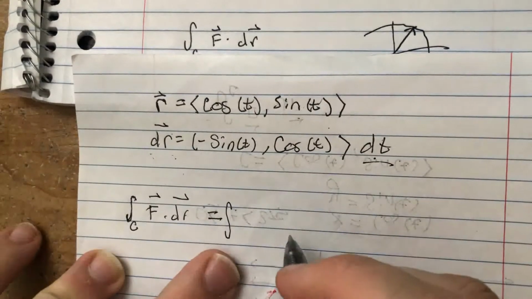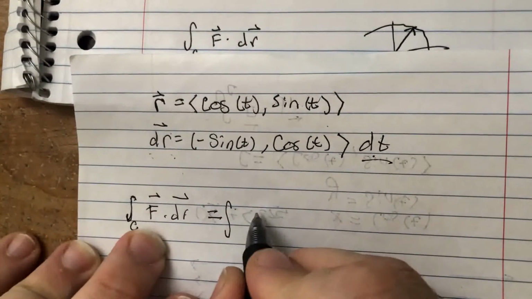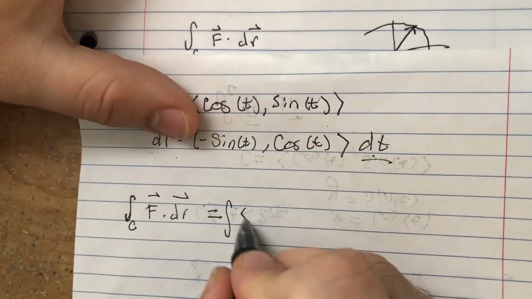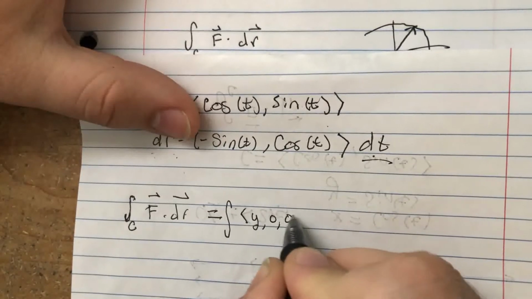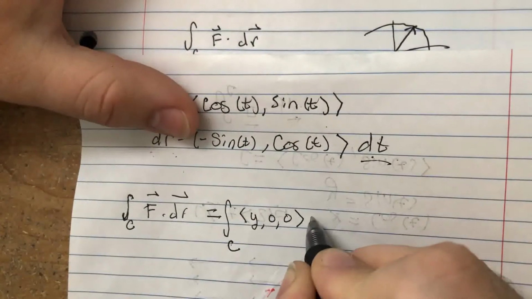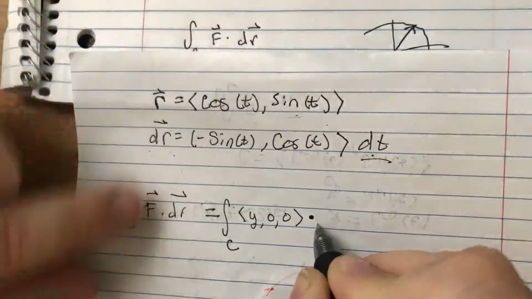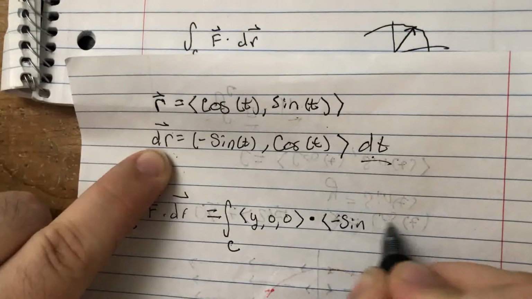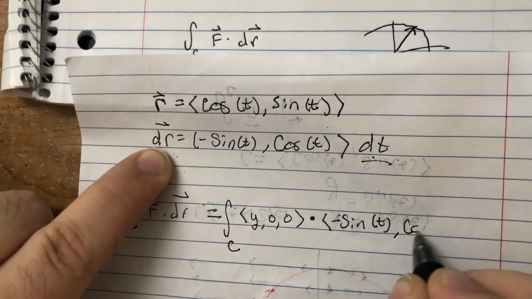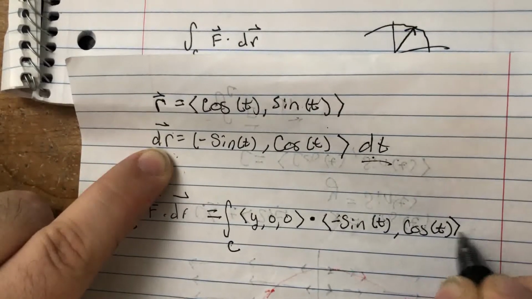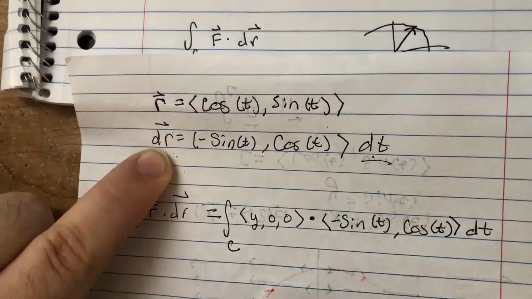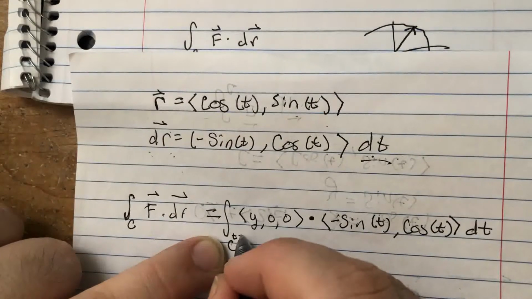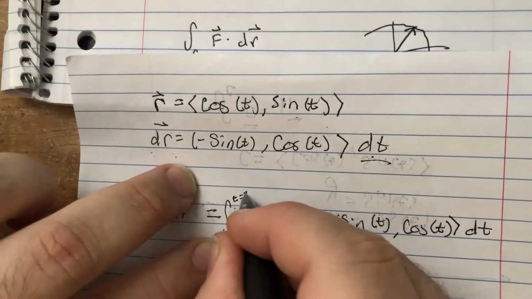So I'm going to say our f is y, 0, 0. We're going over c. Dot dr is negative sine of t, cosine of t, dt. And then our curve becomes t is equal to 0 all the way to t is equal to 2 pi.